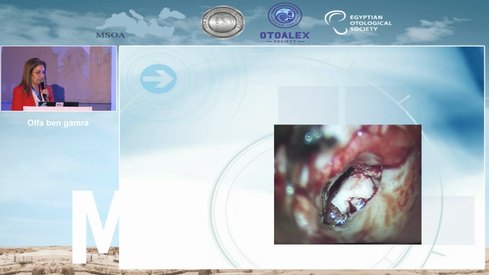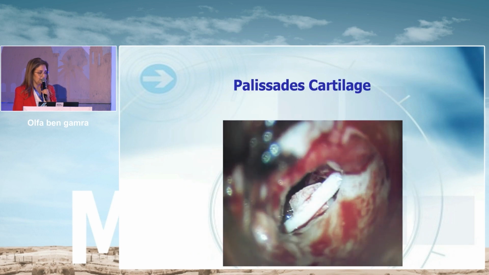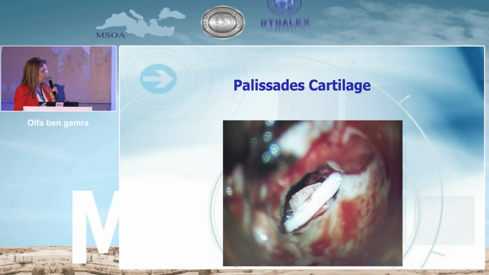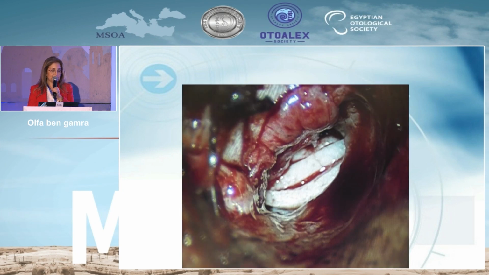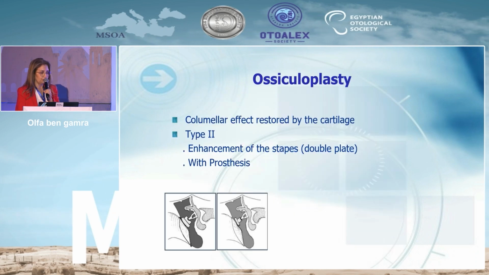Here we cut a notch in the cartilage, which is put on the stapes, and here we choose to place thin slices of cartilage in palisade technique. Finally, we put the perichondrium on the cartilage.